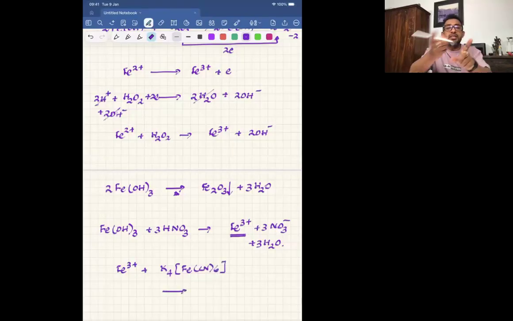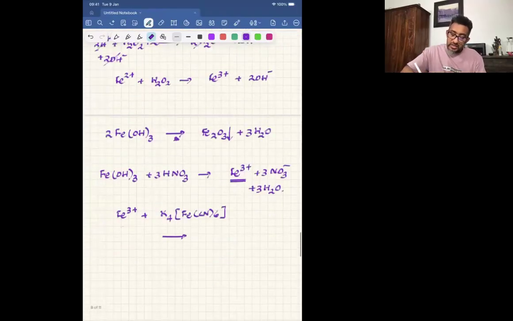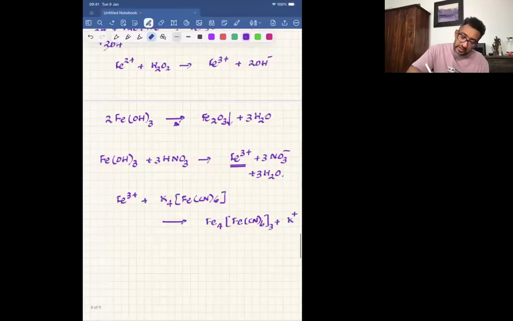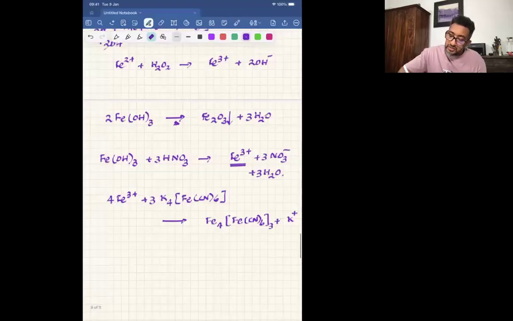Now what could happen? The valency is exchanged. It gives you Fe4[Fe(CN)6]3 and then K+. With [Fe(CN)6] being 4-, 4 Fe means this should be 4, 4 times 3 is 12.